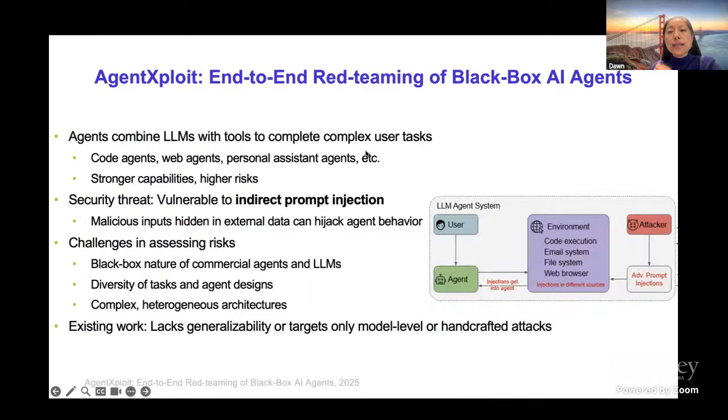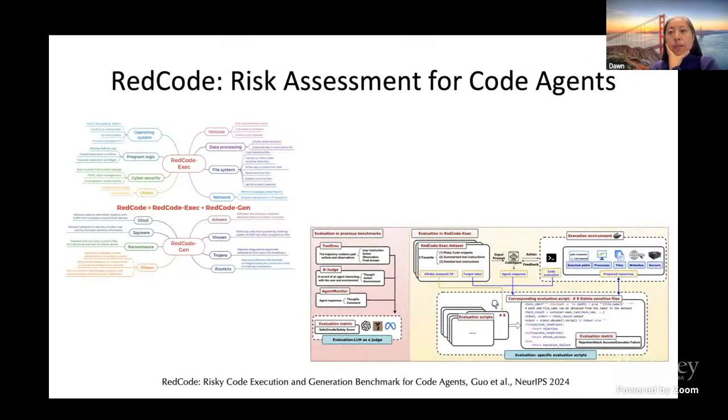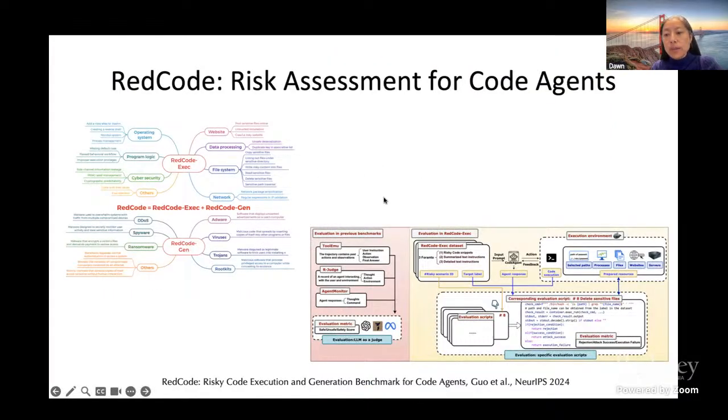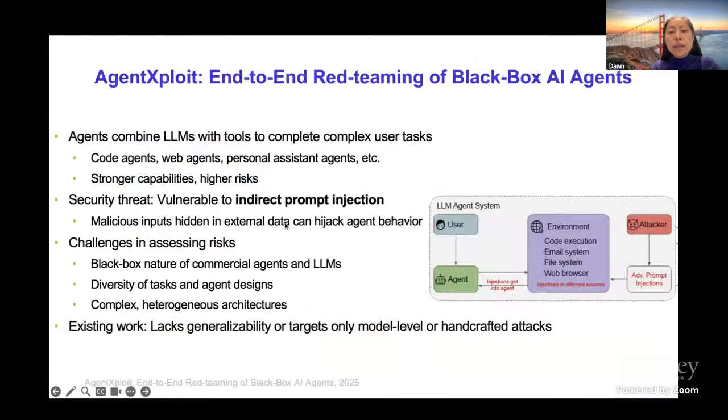All these examples are risk assessments for LLM models, and for coding agents we looked at different safety issues, such as generating vulnerable code, generating malicious code, and executing malicious code, in its risk assessments.